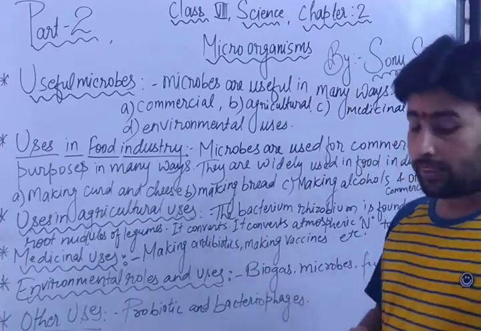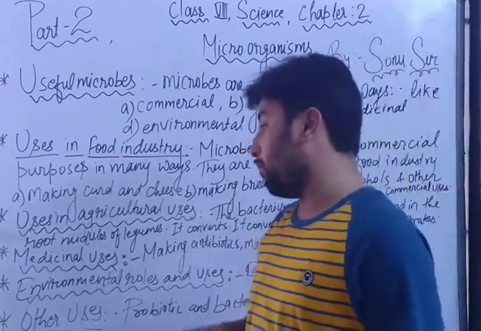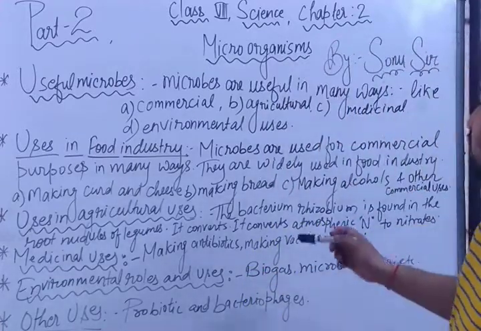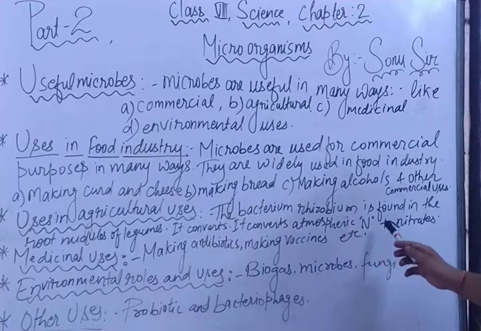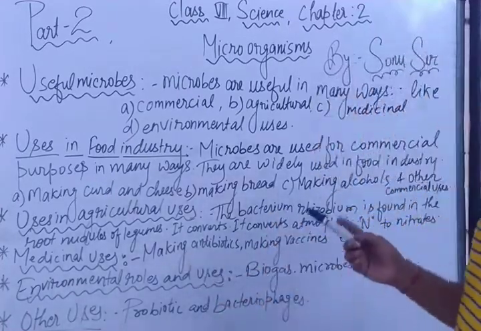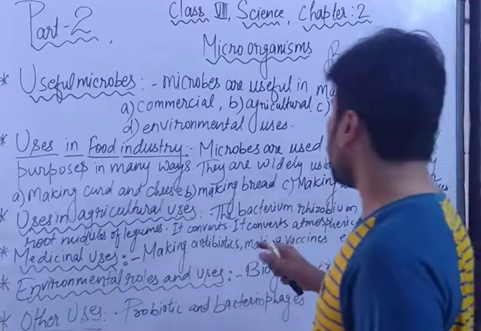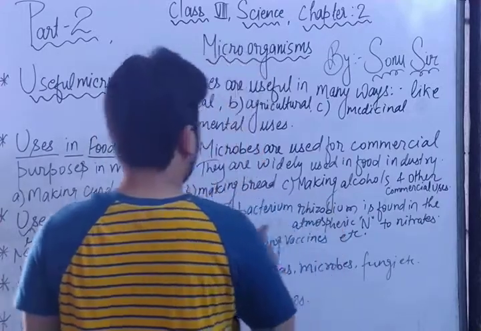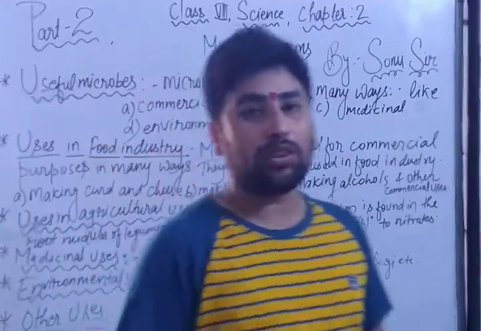Next are agricultural uses. Very important for farmers. Have you ever thought about the bacterium Rhizobium found in the root nodules of legumes? It converts atmospheric nitrogen to nitrates. You know, plants cannot take nitrogen directly from the atmosphere.